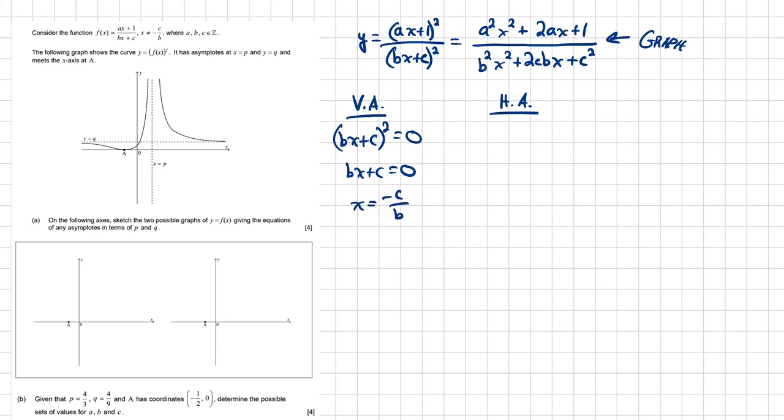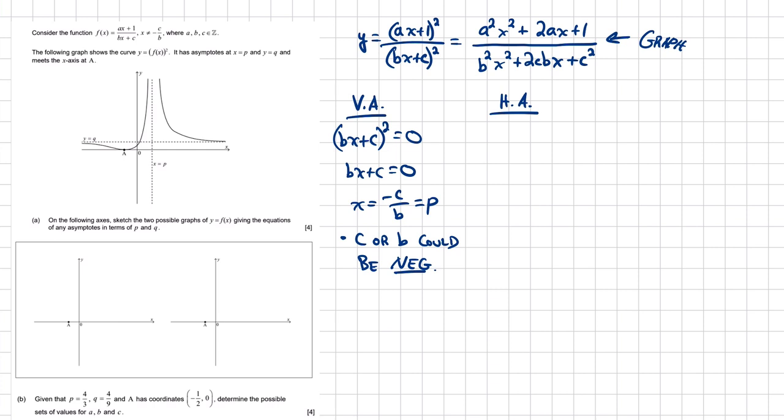Now, given what we know in the graph, negative c over b is just equal to p. In order for this to be true, either c or b could be negative, and if c is negative, then b would have to be positive, or vice versa, right? So c and b are going to have opposite signs.